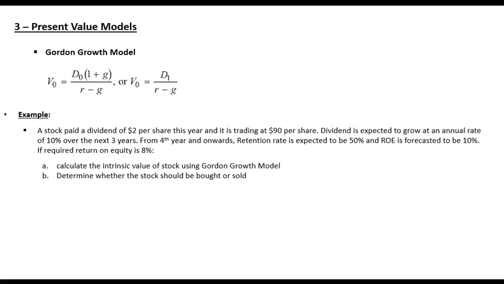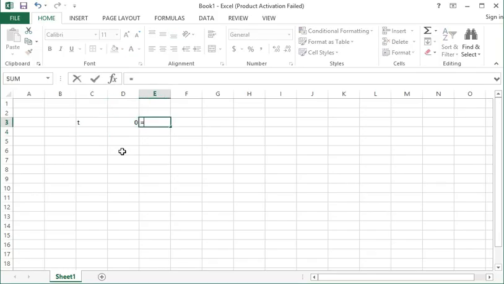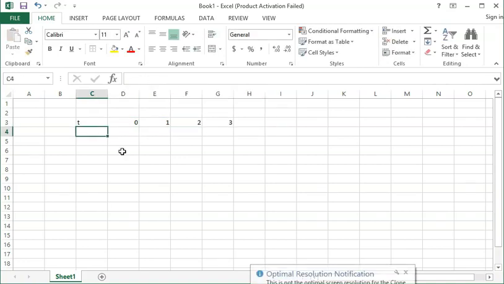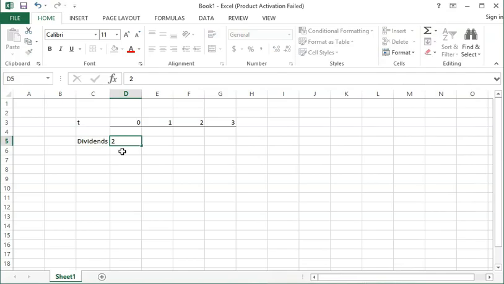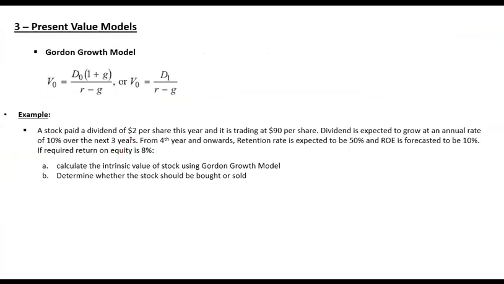Again, do it on Excel and add periods 0, plus 1 till 3. The second step is listing down the dividends. The dividend is 2 in year 0, then it grows at 10% for the next 3 years.